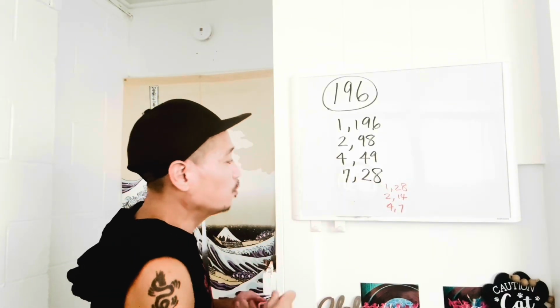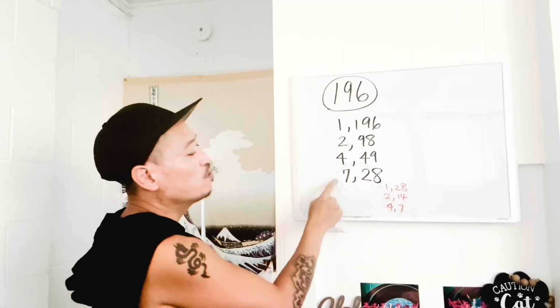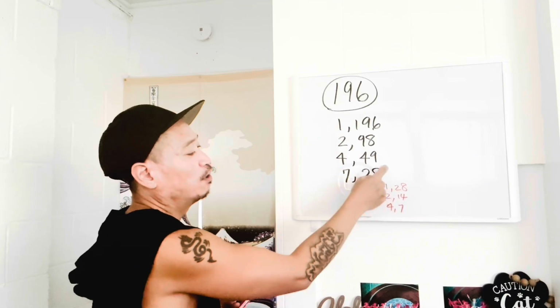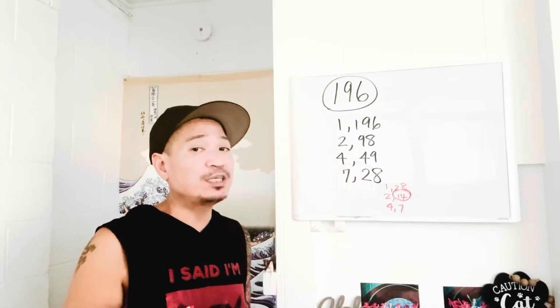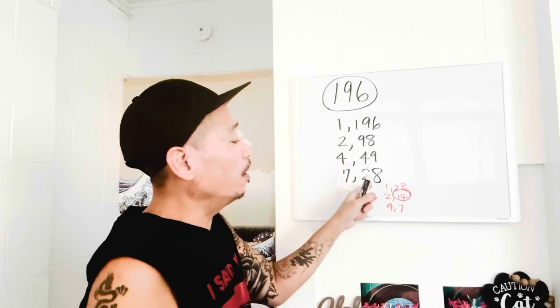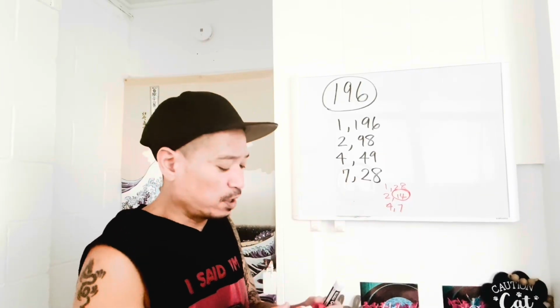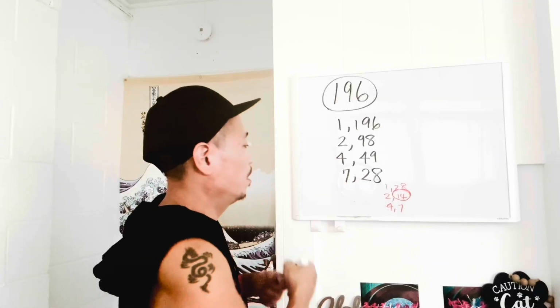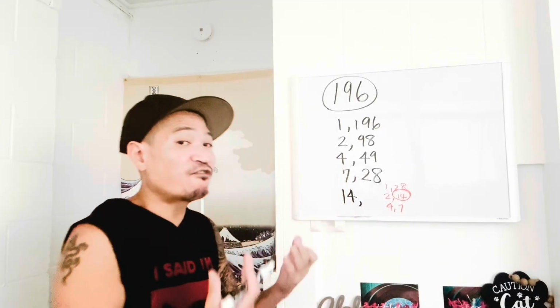We know we did 1, we've done 2, we've done 4, and we've done 7, and here's 28 itself. The only factor that's kind of hiding in here is this 14. Since it's on this factors list, but we haven't checked it on the left side, we know 14 is gonna work. So then I bring in, I know 14 is gonna divide this, and what is its factor pair?